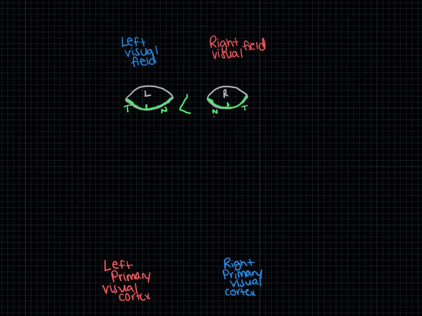So information that is coming from the right visual field is going to touch the nasal ipsilateral hemiretina and the contralateral temporal hemiretina. So as you can see, the right visual field is going to hit the left hemiretinas. And then the left visual field is going to hit the right hemiretinas.